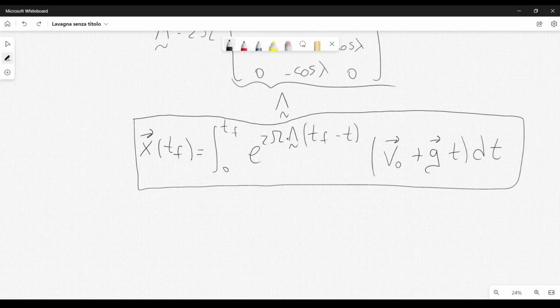Since we want all the corrections up to second order, due to the Coriolis force, we can rewrite this exponential like this.